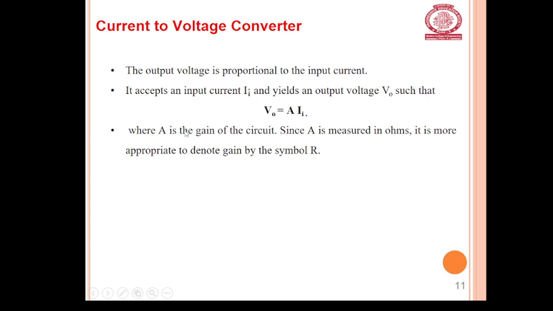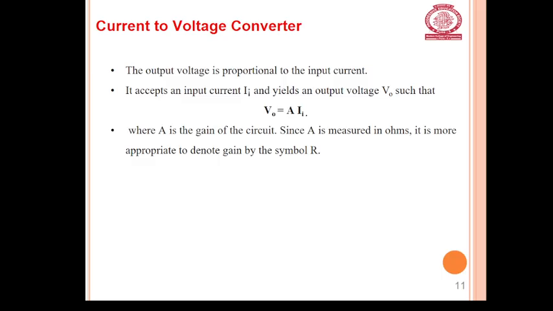Now, the next topic is current to voltage converter. It is exactly the same as the voltage to current converter, in which in the previous case the input was voltage and we were converting it into proportional current. Now, the input is current, and we are converting it into proportional voltage.